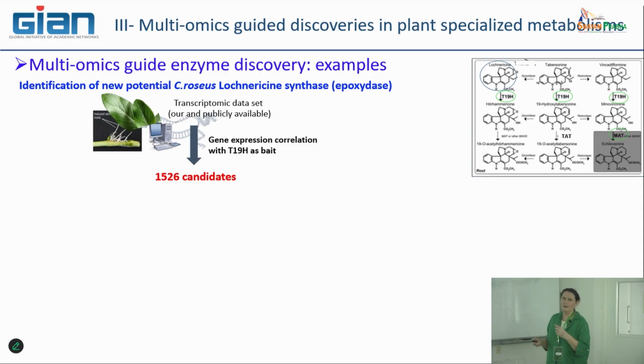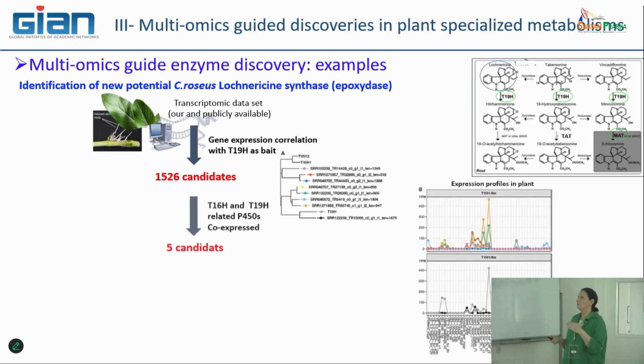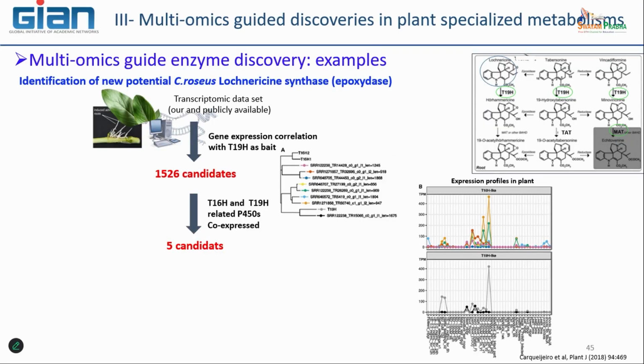So this is why we applied a new co-expression analysis by taking not only one bait, but 2. That means this particular enzyme that occurs here, and this one too, that is a related P450 normally co-expressed with this type of enzyme.